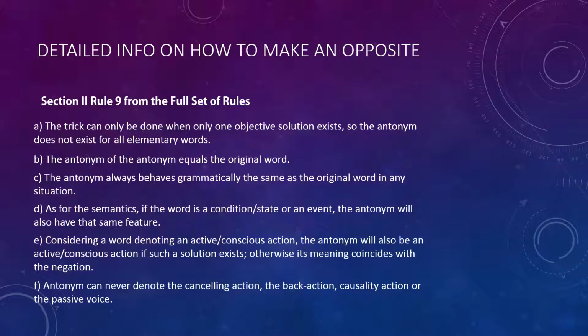It kind of works, right? Well, according to this rule, no. The opposite of be born cannot be give birth, because it's a causality action, because give birth equals cause to be born. You cause something to be born. And so according to this rule, no, it doesn't work. And finally, the passive voice.